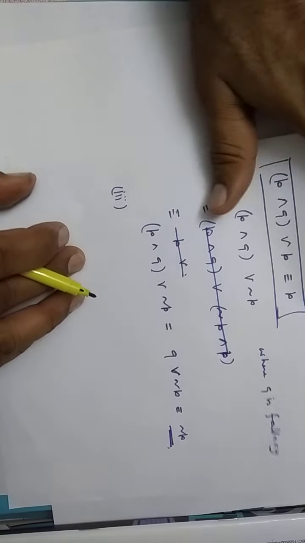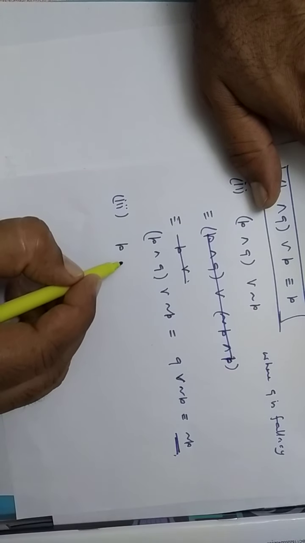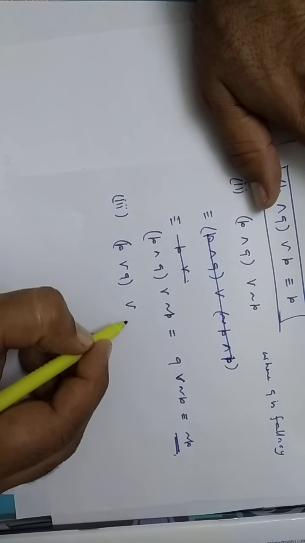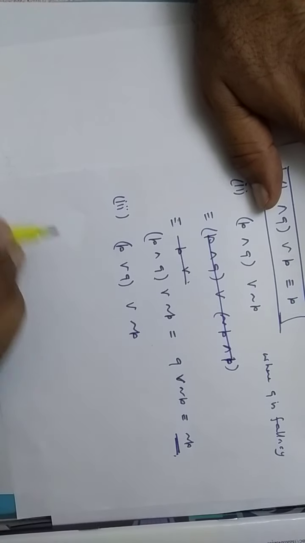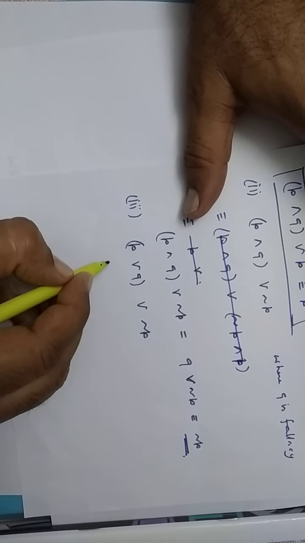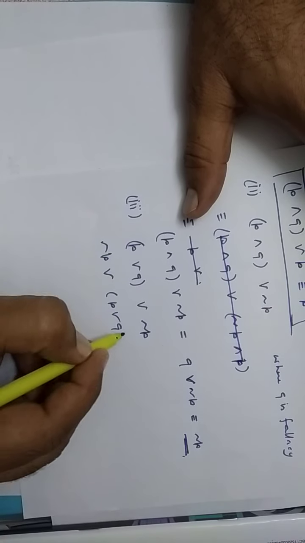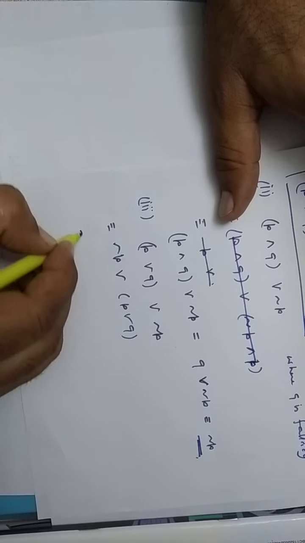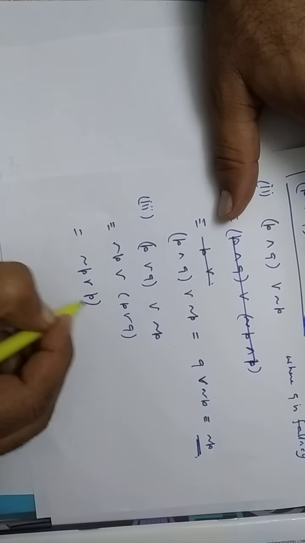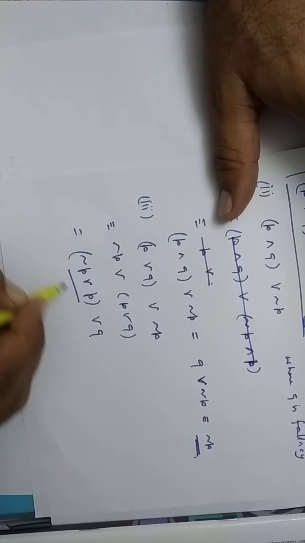Third statement is P join Q join negation of P. So we can write it negation of P join P join of Q, and by commutative law, this can be written negation of P join P negation of Q. This is always tautology.